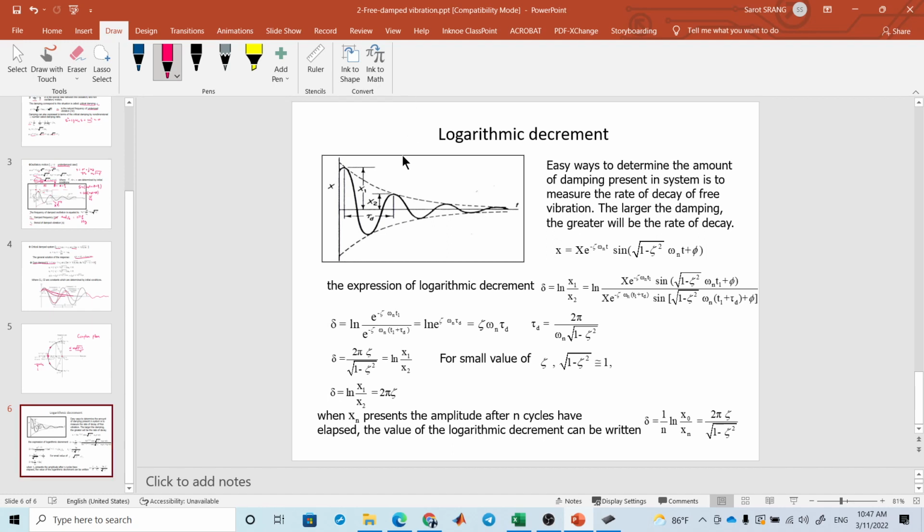Because for example, here is the ratio of the exponential of the real part, and the exponential of the real part again but at a different time.